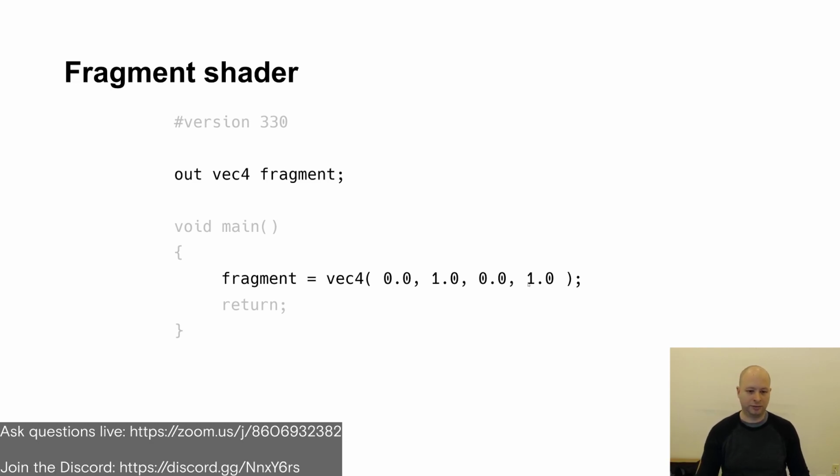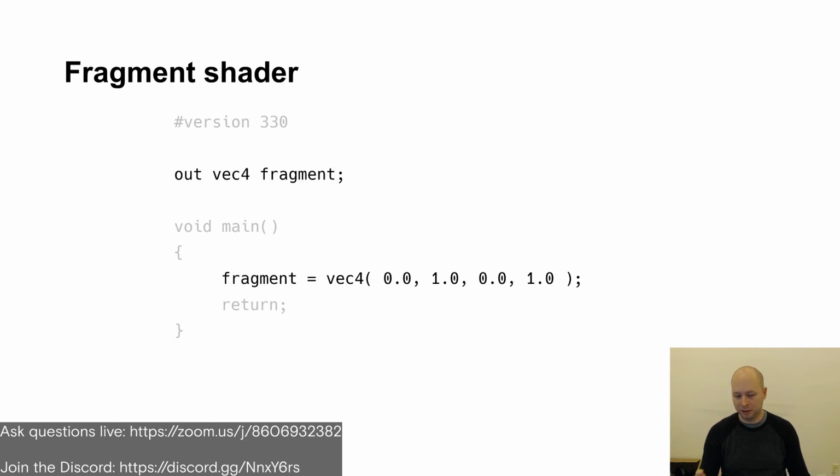So this fragment is going to be equal to vec4(0, 1, 0, 1). That's RGBA, so this is green, and that's a fully opaque green. If this was a half, it'd be half opaque, only if you've enabled alpha blending. So just keep that in mind until you start doing alpha blending stuff and transparency. Don't mess with this thing.